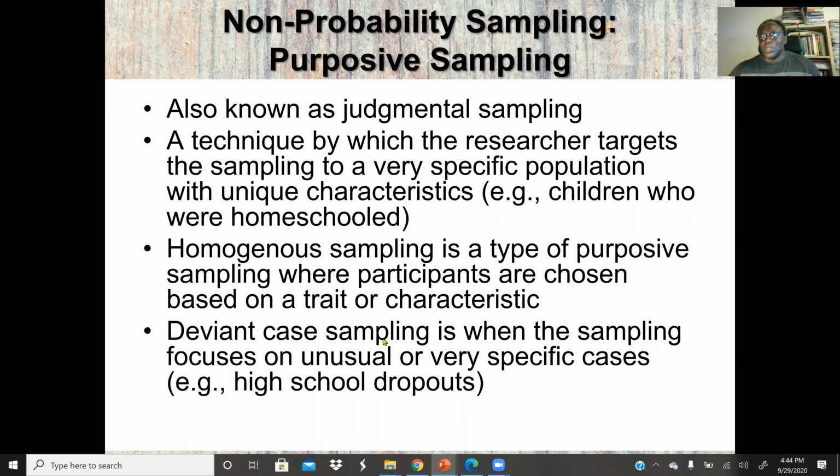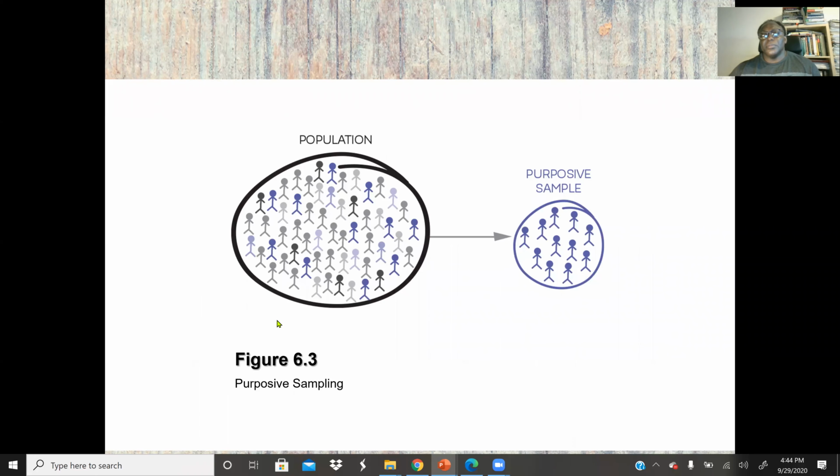Deviate case sampling is when the sampling focuses on unusual or very specific cases. Example would be high school dropouts. So that's why we call deviate case, unusual cases. So this is an example of a purposive sampling. Again, we have our population, and we select based on the criteria.